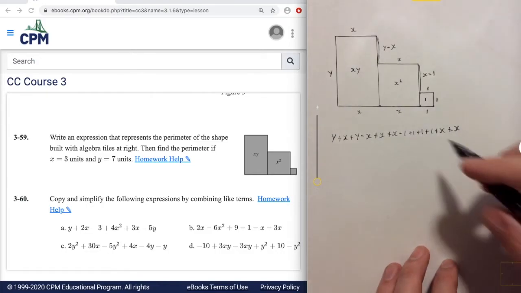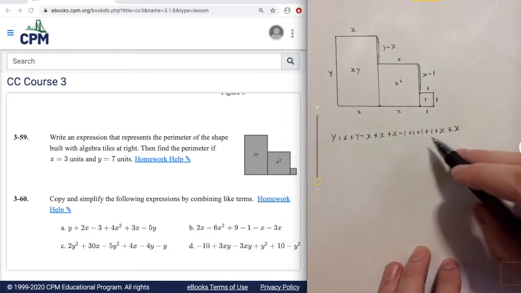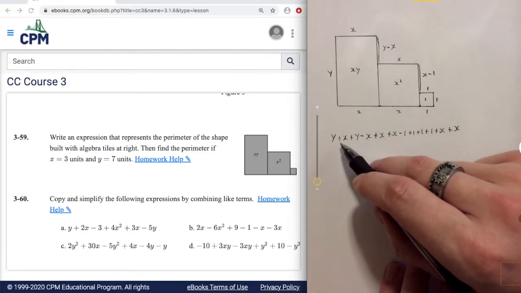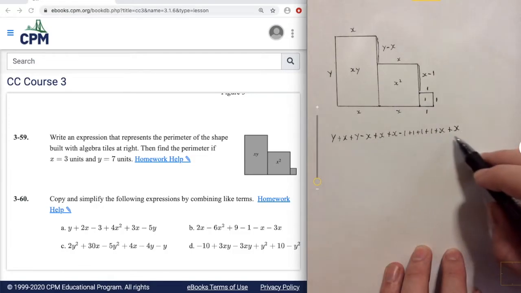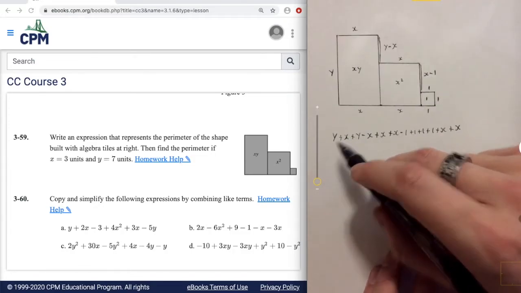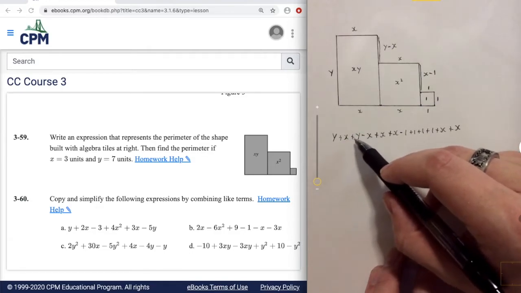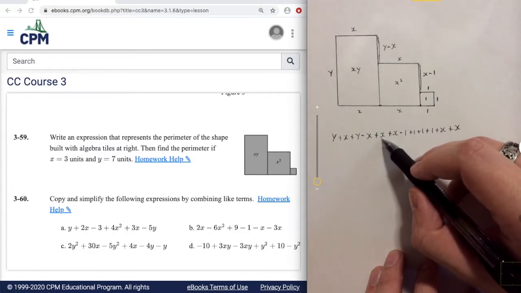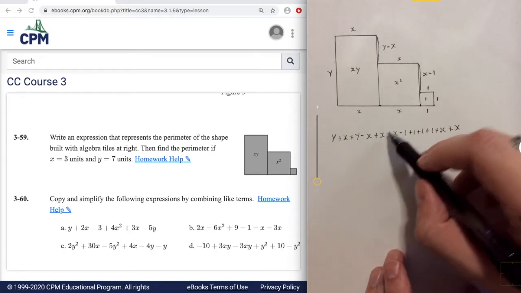Now there's quite a few things we can do to simplify this big long string. We can find how many x's we have to start off with and combine them all together. So we have 1x, and we're taking away an x, so we now have 0 x's. We're going to add another x, so now we have 1.